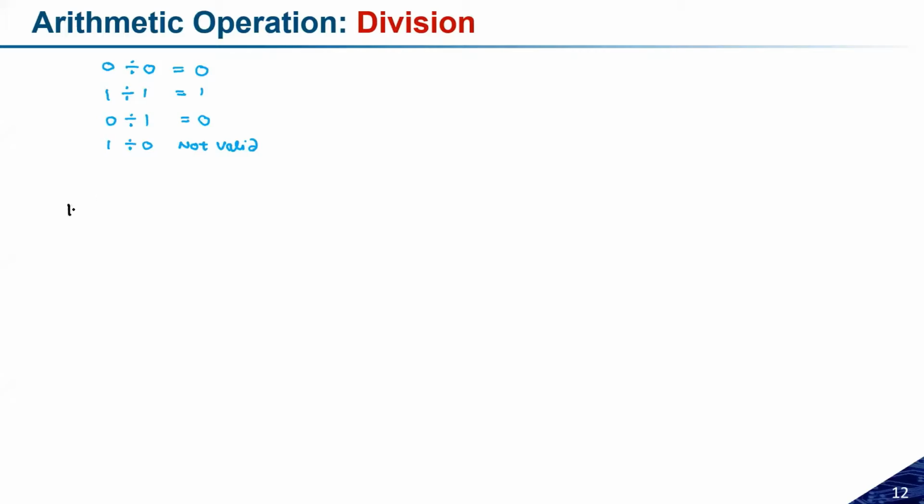Let us assume I have a number 1 1 0 0 1. This is in the binary number system, and I want to divide this number by, let us assume, 1 0 1. How can we do that? Let us try.